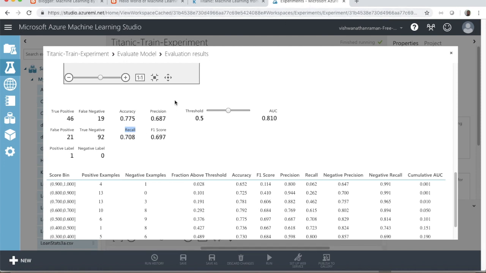Now let's focus on precision. Precision is defined as: of all the predicted survivors, how many did I predict right? So of all the predicted survivors, what does that mean? It means true positive and false positive, which means that 67 passengers were predicted to be survived and we got 46 of them right, and hence the precision stands at 0.687.